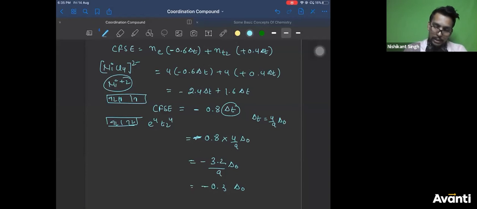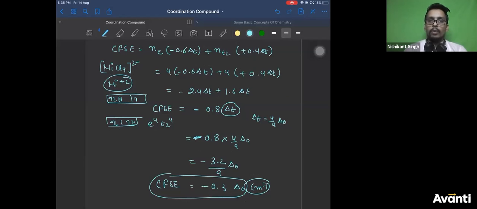Yes, Ketan, units in centimeter inverse. So if you want to compare it with octahedral complex, convert it into delta O, then compare. Do not directly compare delta T and delta O. Convert delta T into delta O.